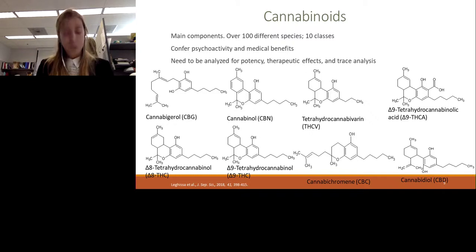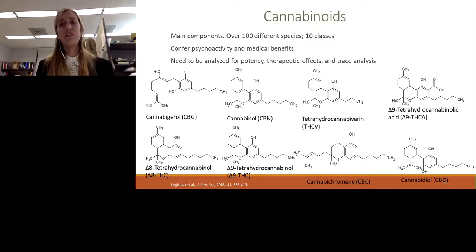And the importance for the analysis of cannabinoids in the plant is not only for potency. Potency is what we are actually calling the level of delta-9 THC, but also to understand the therapeutic effects that each different strain can confer, but also trace analysis.